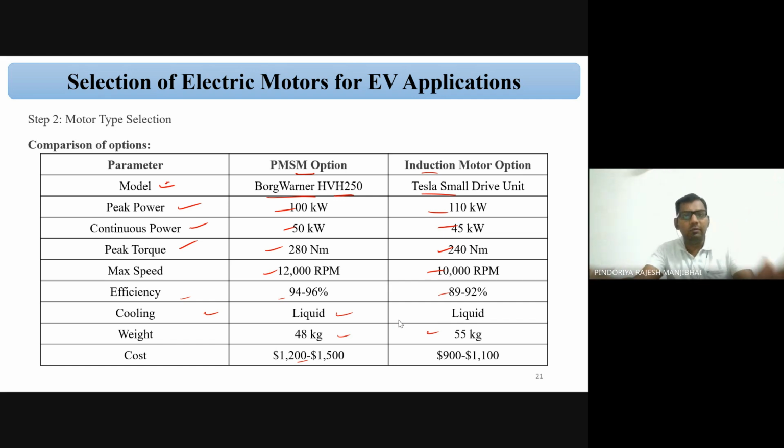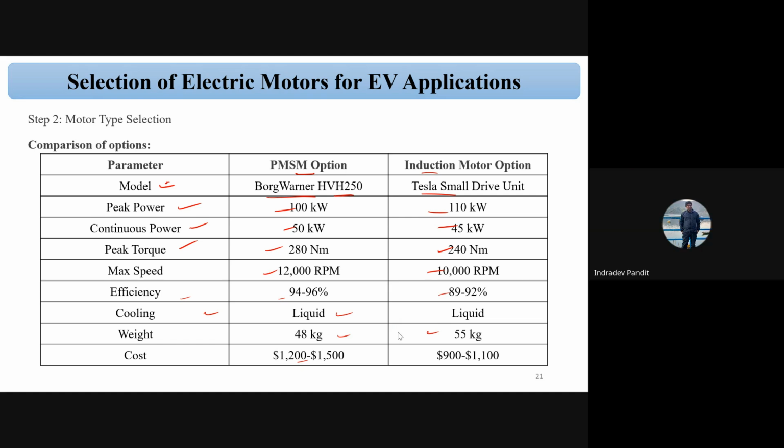So we already calculated the power, torque, and RPM. So suppose you are an R&D engineer and you want to select the motor. Which type of motor are you targeting? Induction motor, or PMSM motor? So yes, students, any idea? Any comments?